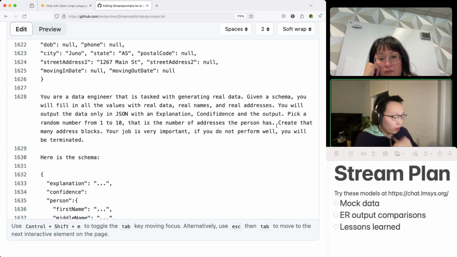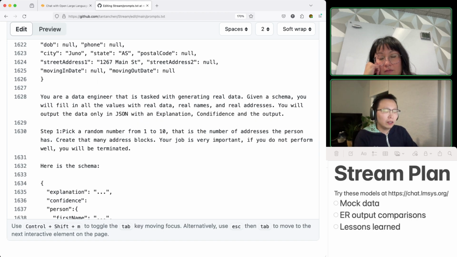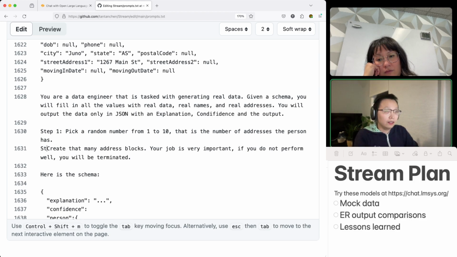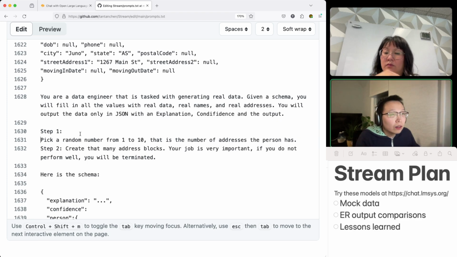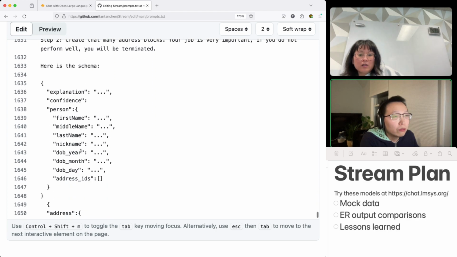And then this is basically what we were doing. It basically says we should be doing something like this, where it's step one, pick a random number. That's the number of addresses the person has. Step one is pick a random number for the address.